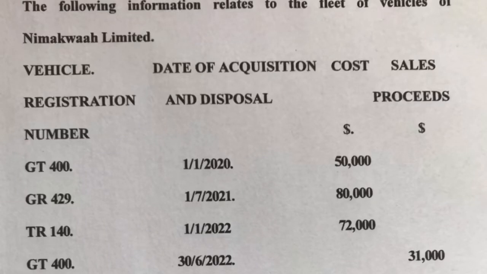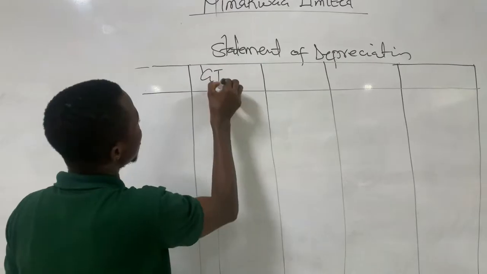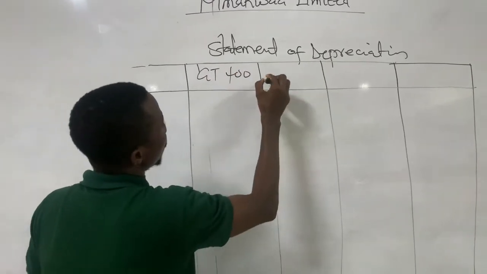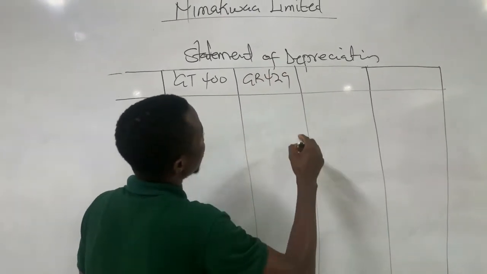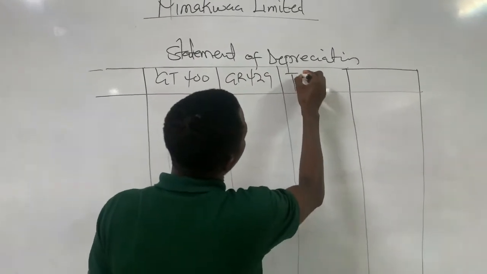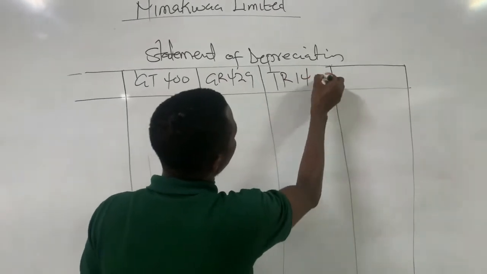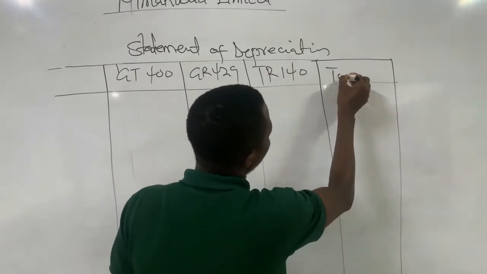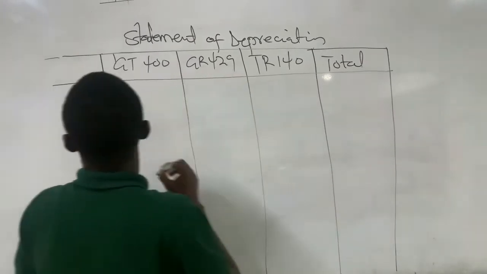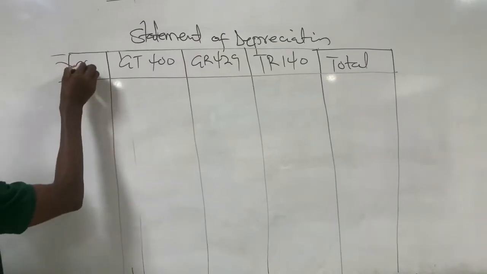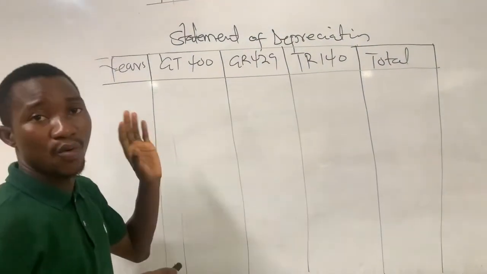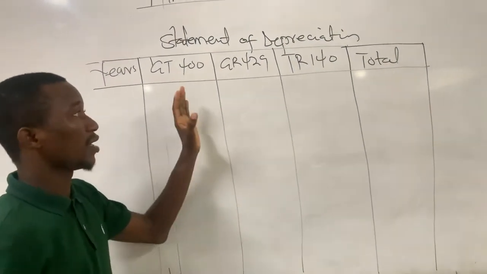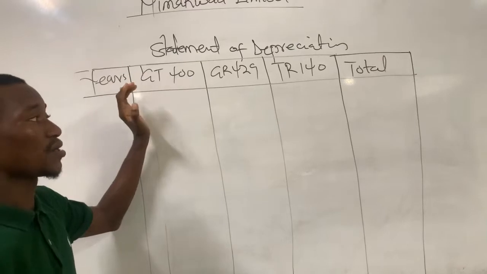We have 3 different motor vehicles. From the question we have GT 400, we have JR 429, and we have TR 140. Then we bring the total, and let's represent here the years. But mind you, because it is one asset, that is motor vehicle, that is why I'm preparing the accounts as one.